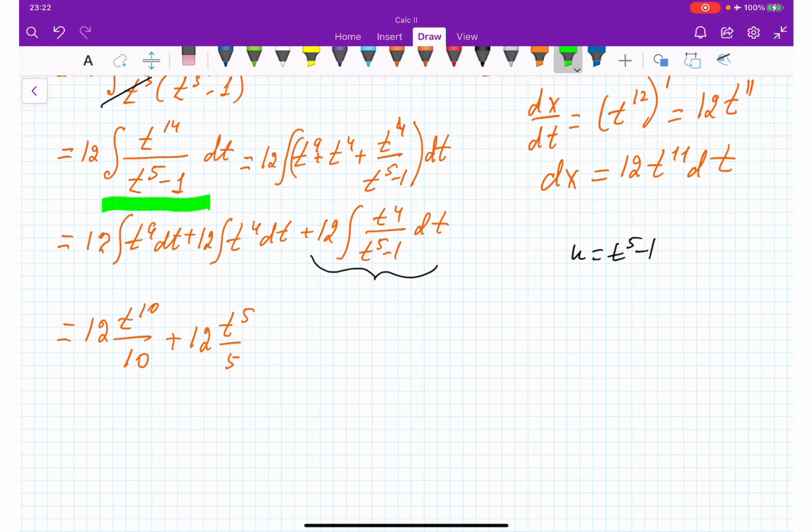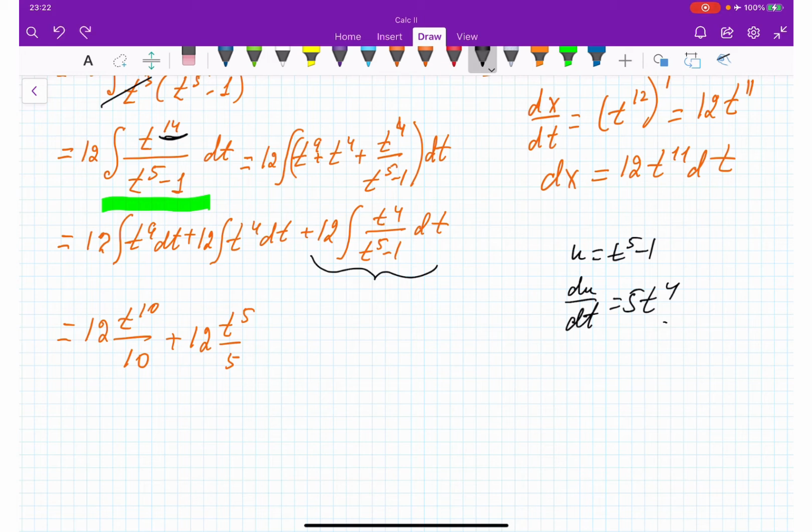Okay, and then once I take the derivative, du by dt, it would be 5t to 4, right? And I don't have a 5 here, so I would kind of have to work around it. But in this case, I do have t to 4. Once I take the derivative, I will get t to 4, and you will see how nicely it will work out, okay?